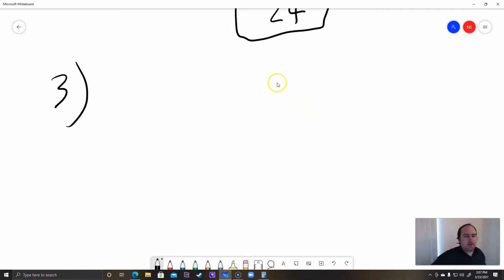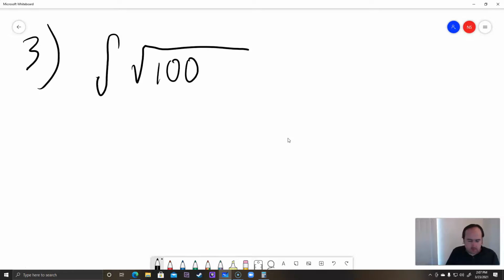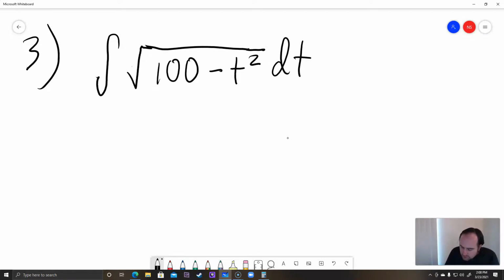Okay, so for example number 3, we're doing the integral of the square root of 100 minus t squared dt.